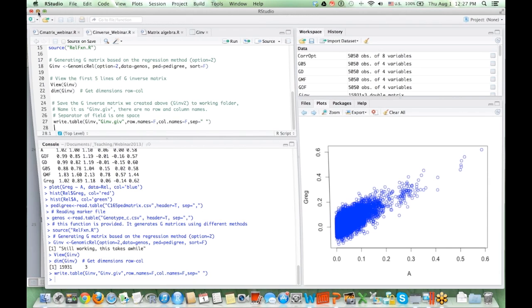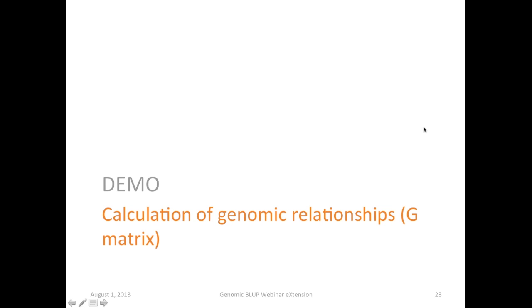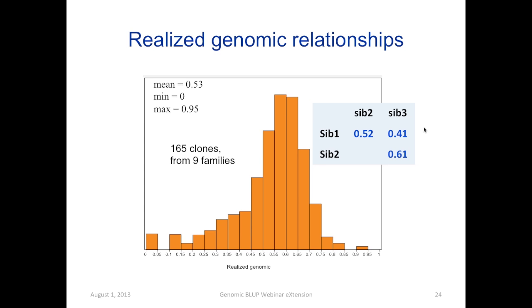Okay, let's go back to our slides. If you look at the distribution of the genomic relationships derived from the markers, as shown in that histogram, they are no longer discrete. You see a continuous distribution between 0 and 1.